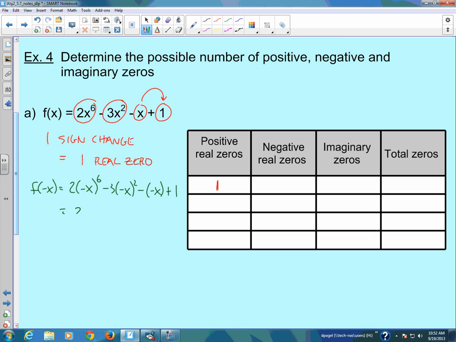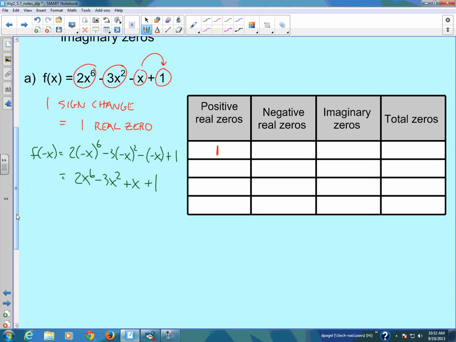So we get 2x to the 6th still, minus 3x squared plus x plus 1, changing all my x values in there.